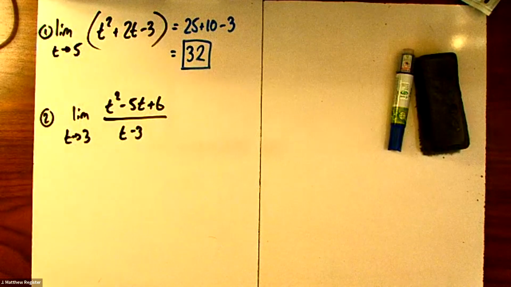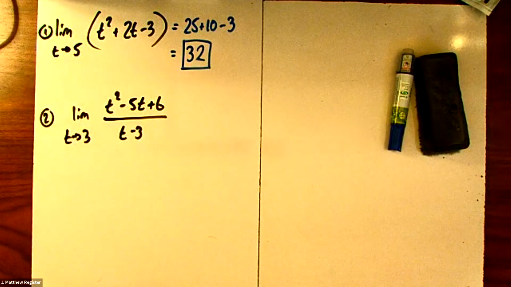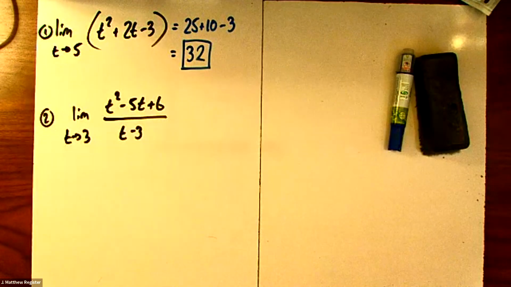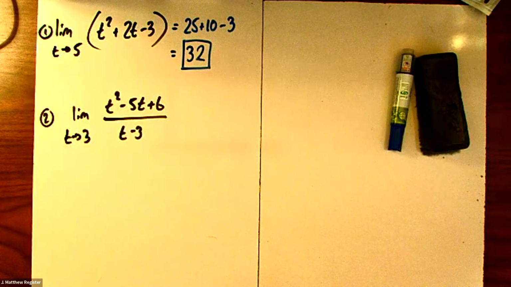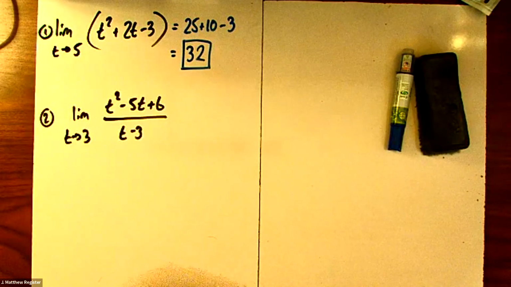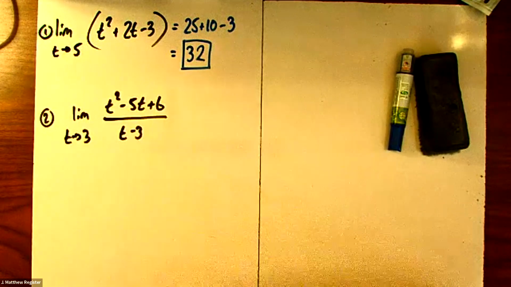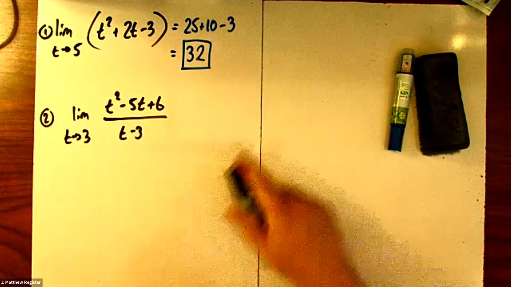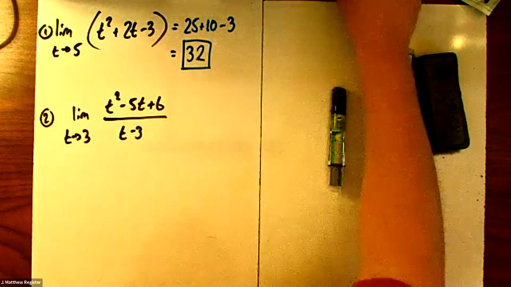Right off the bat, you should recognize you cannot just plug 3 into this, because you are going to get 0 in the denominator and you will be done. And so instead we'll try and see if we can algebraically remove this t minus 3 from the denominator. And turns out we can.